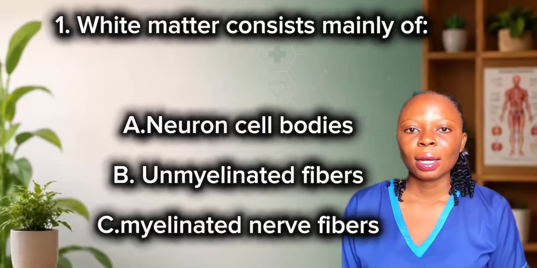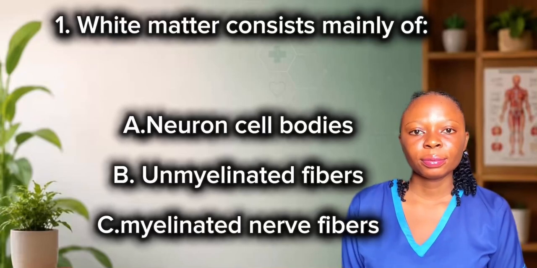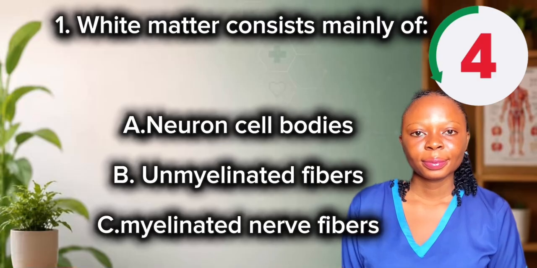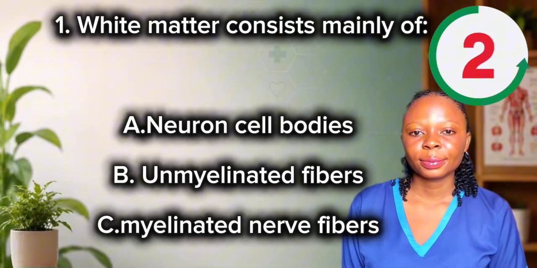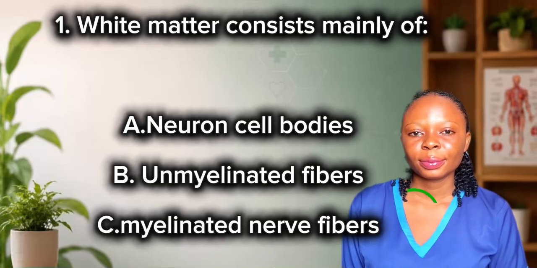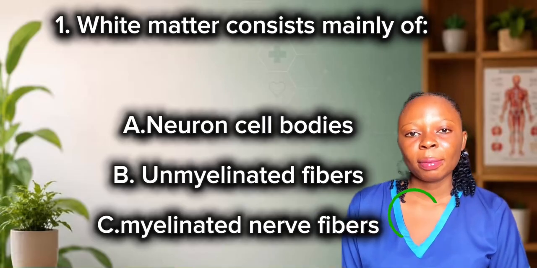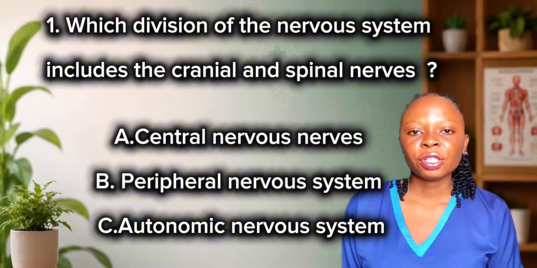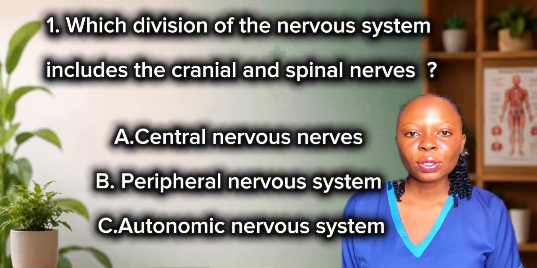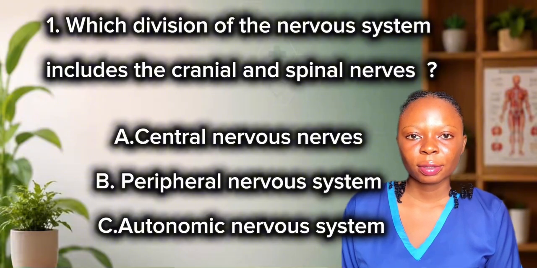White matter consists mainly of myelinated nerve fibers. Which division of nervous system includes cranial and spinal nerves?